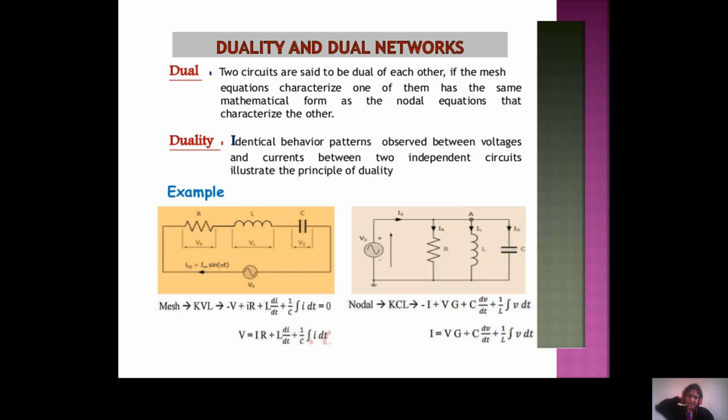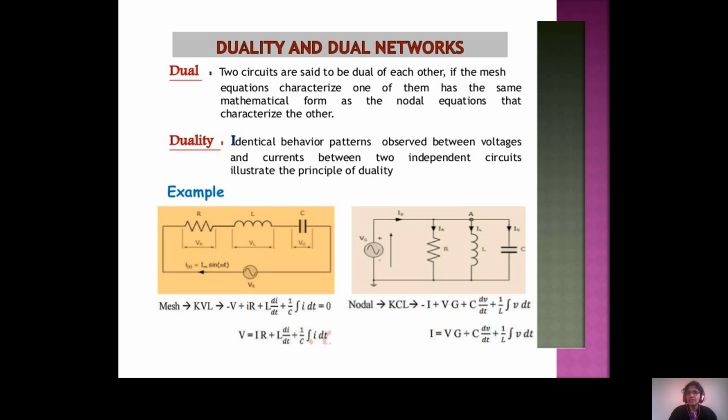According to the current equation, this is the current source Is, not Vs. This current source will be parallel to the resistor, inductor and capacitor. So the voltage source is converted to a current source, and the resistor is converted to conductance, the reciprocal of resistance. Inductance becomes capacitance, and capacitance becomes inductance.